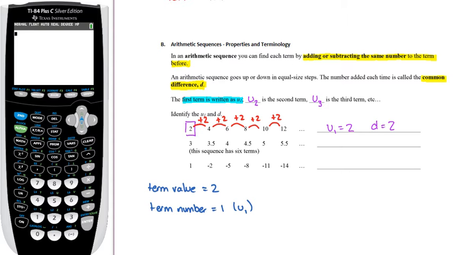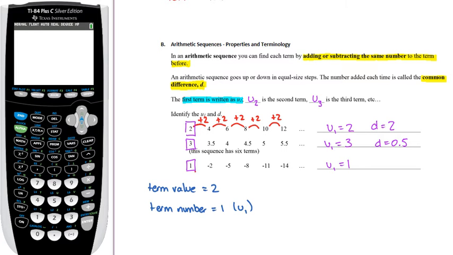We can use the same logic for the next one. Here, u1 is equal to 3, so 3 is the first term in the sequence, and we seem to be adding 0.5 every single time. So our common difference is 0.5. In the next one, our first term is 1, so u1 is 1. But you'll notice that we're actually decreasing.